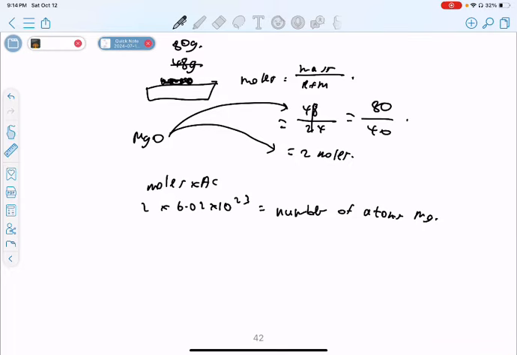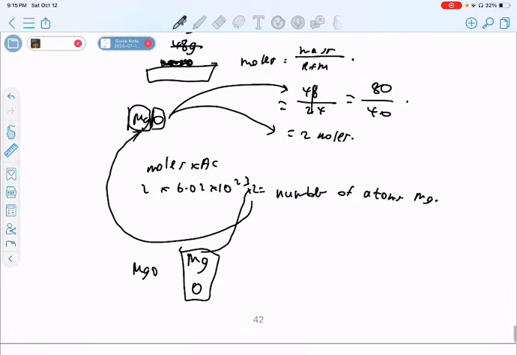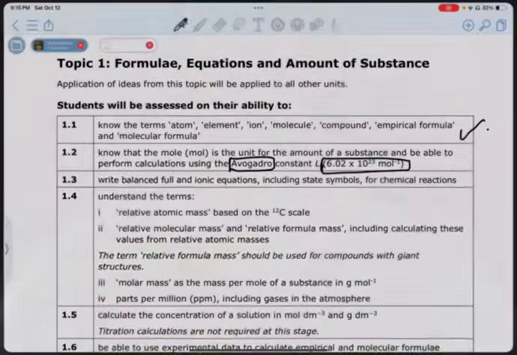Based on that, here, instead of only multiplying by 6.02 times 10 to the power 23, you will also multiply it by 2 because there are 2 types of atoms in one compound of MgO, Mg and O. So to find the number of atoms, you'll take 1 molecule of MgO and think about how many atoms are in it. There's Mg and there's O. So you will take these as 2 and multiply by 2. That's how you get it there.